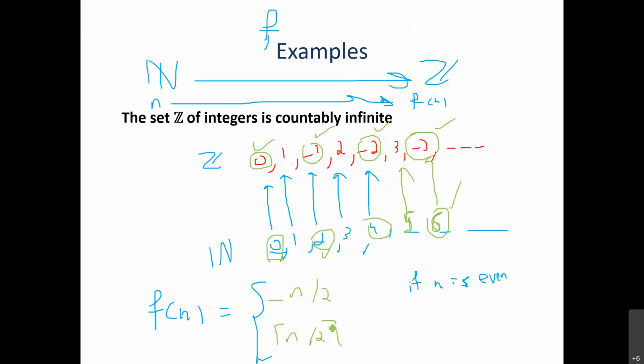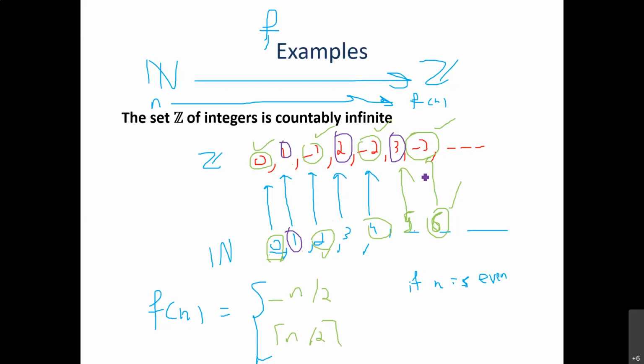Let's see if it works. 1 divided by 2, the ceiling of half is 1, that's done. 3 divided by 2, the ceiling of that is 2.